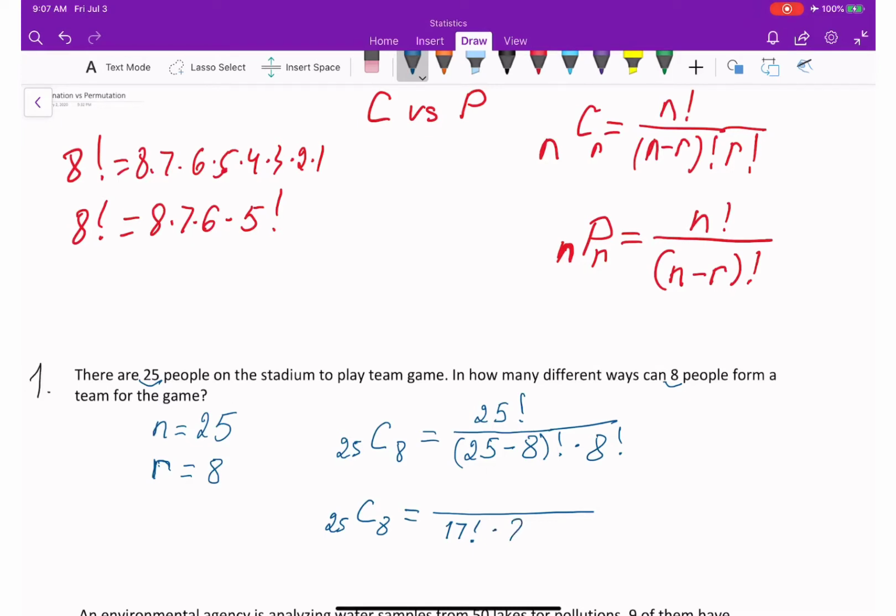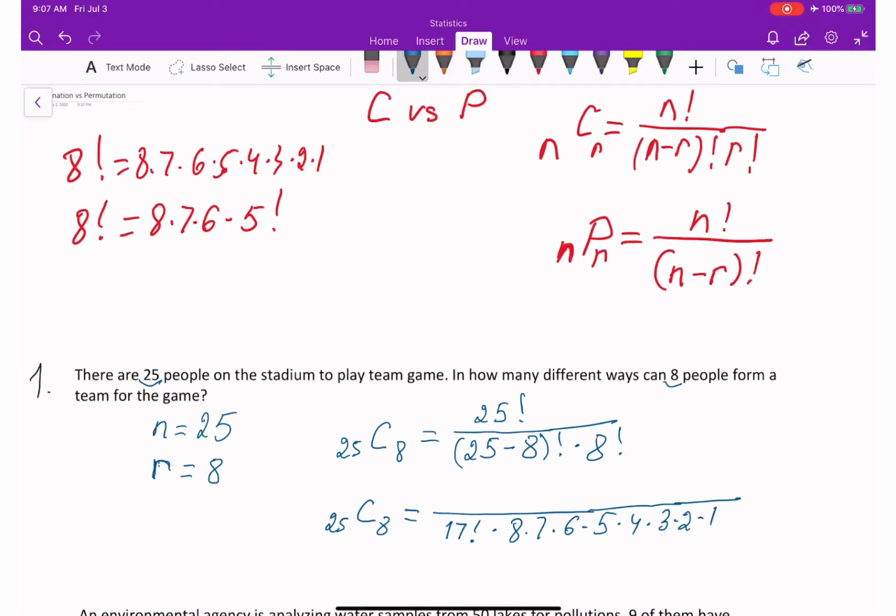I can open 8 times 7 times 6 times 5 times 4 times 3 times 2 times 1. I don't have to put 1, I just put 1 so you can see we are going all the way from 8 to 1.